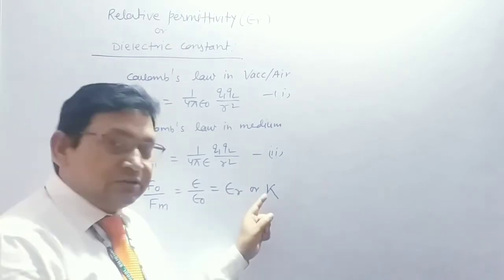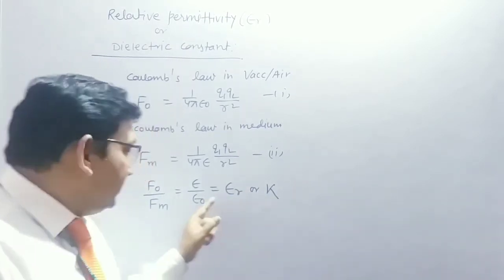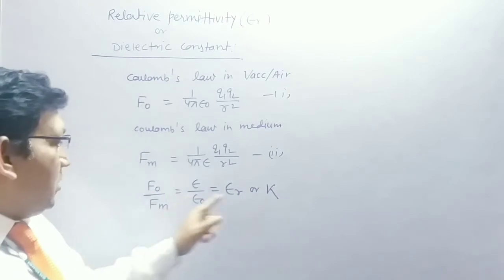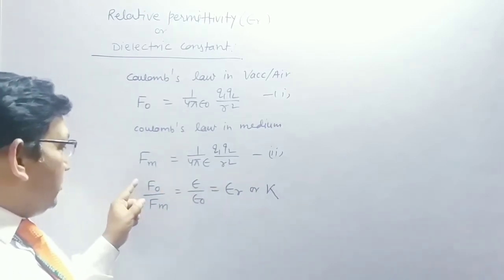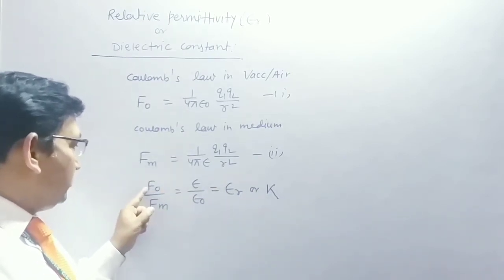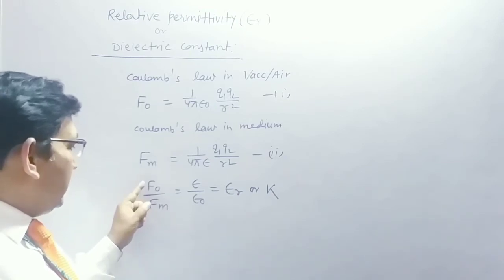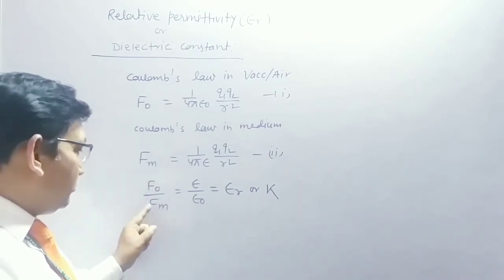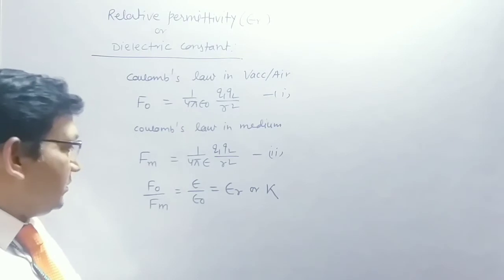The dielectric constant can also be defined in terms of force: it is the ratio of the force between two charges placed in vacuum to the force between two charges placed in a medium.